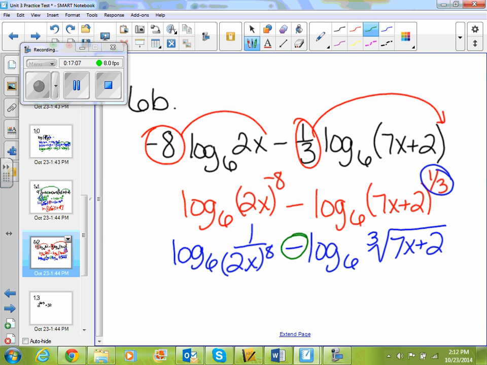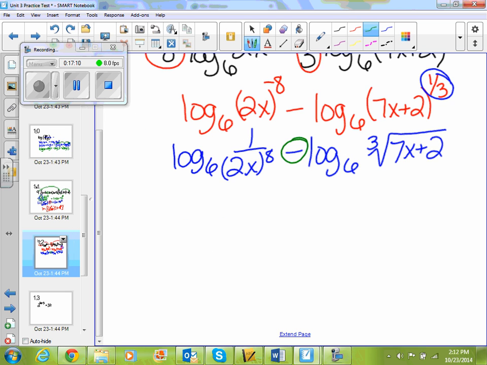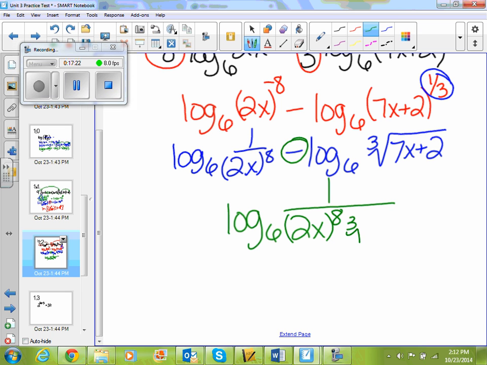And then the last thing I know is that this changes to division, so I'm going to end up with log base 6 of 1 over 2x to the 8th power times the cube root of 7x plus 2.